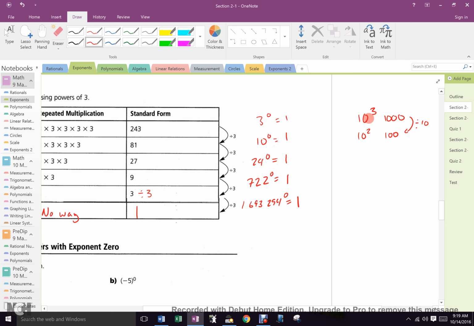Do you agree? Okay, so what would 10 to the 1 be? 10. There's a divide by 10, right? So every exponent I go down, I divide by 10. So what's the next exponent down from 1? 10 to the 0. Divide by 10. 10 divided by 10 is 1. It's always going to be 1. Does everybody understand?